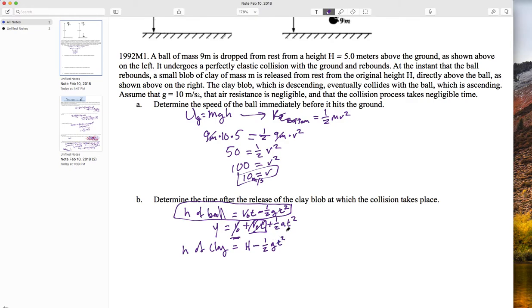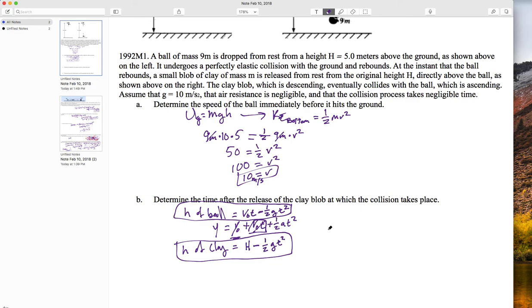And because we see these equations that have this same time variable, we should be able to know everything else. Well, we know the v0 here, it's 10. We don't know the time, but we know g and h in all cases.